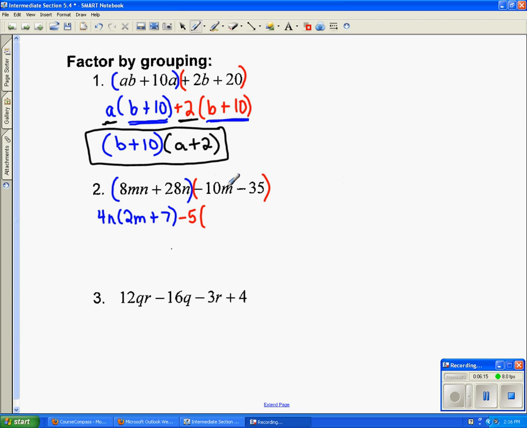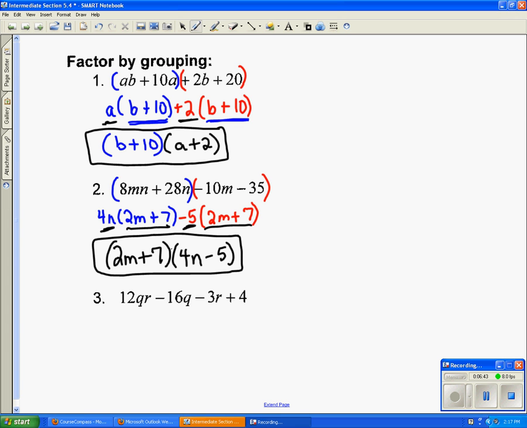If I divide this by negative 5, I have a 2m left, and if I divide this by negative 5, I have a 7. Once again, when these match up, it's one of our factors, 2m plus 7, and what's left over on the outside is our other factor, which is 4n minus 5.